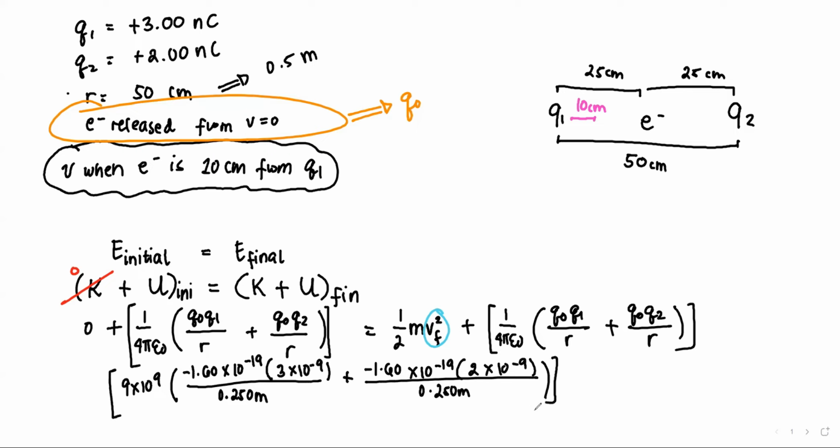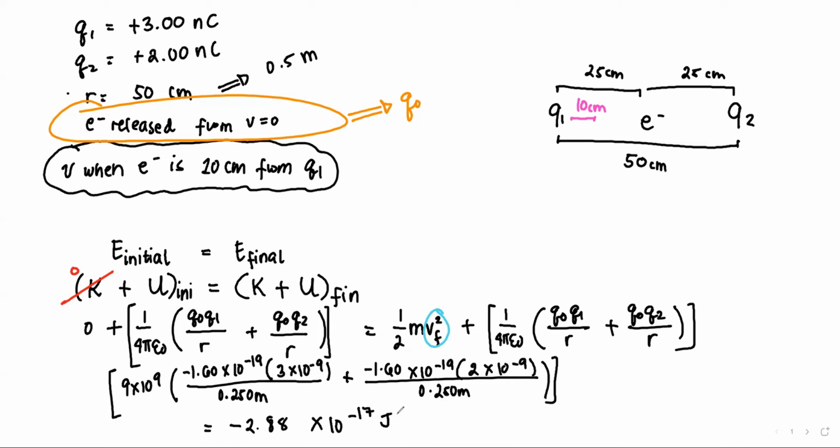So having the initials first, that would give us, without the right side, negative 2.88 times 10 raised to negative 17. That's for the first part of the equation.